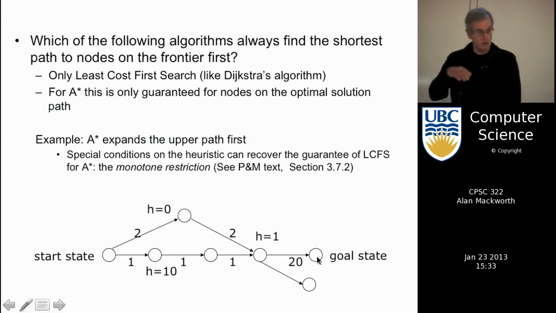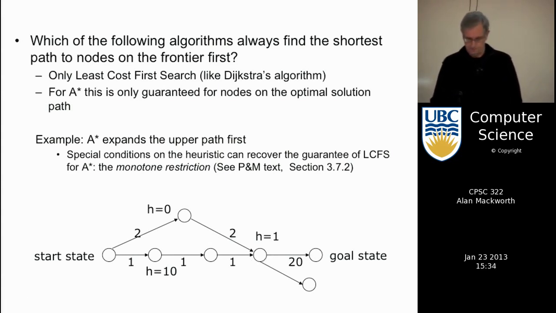We didn't expand the goal state first, so the conditions of the A star admissibility theorem are still holding. We're still going to find the cheapest path to goal first, because we're going to use this path here plus 20, that'll get us there, 23, which is better than 24, which was the value for F coming this way. So we'll expand this path to goal before we'll expand that path to goal. So we still get the cheapest goal state first, but we didn't get here by the cheapest route first.